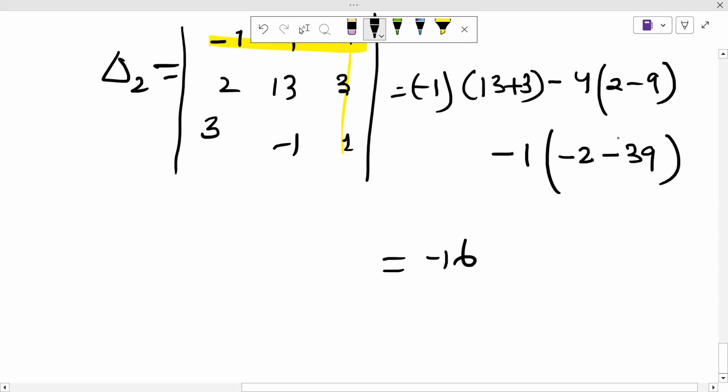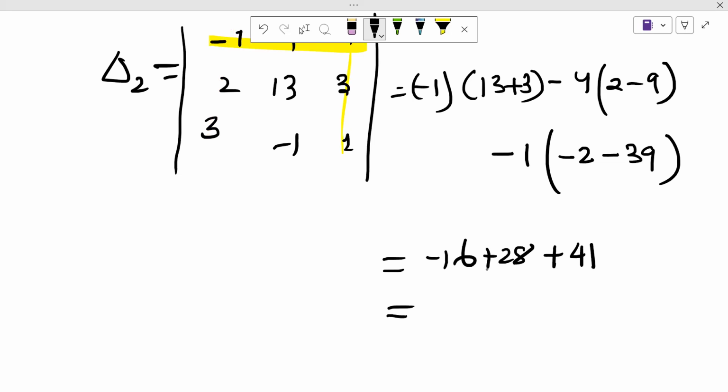Minus of 16, and that is minus 7 plus 28, and plus 41. What is the value here? So just do 41 plus 28 minus 16. 53 is the value here. So del 2 is 53.